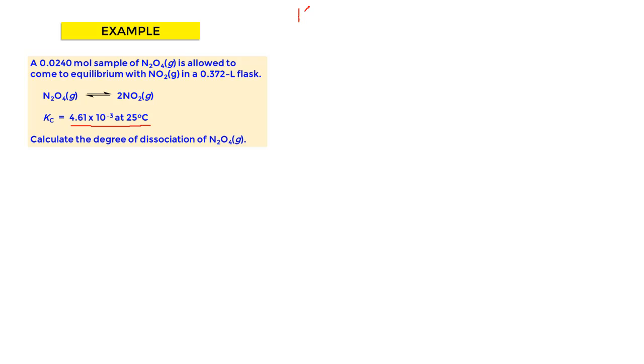Kc equals the concentration of nitrogen dioxide to the power of 2, divided by the concentration of N2O4. This Kc value was given, which is 4.61 times 10 to the power of negative 3.